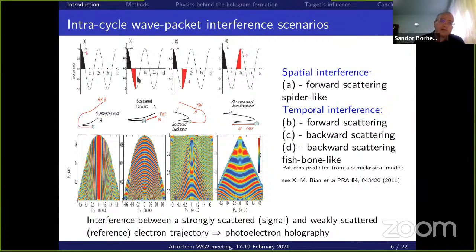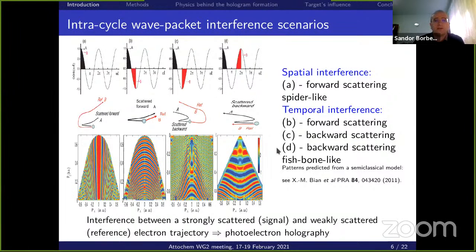If you have the two wave packets created in two consecutive quarter cycles of the driving field, the resulting interference pattern looks like this. If the second wave packet is created at the third quarter cycle of the driving field, the resulting interference pattern looks like this. And if the second wave packet is created at the fourth quarter cycle of the driving field, then the interference looks like this.